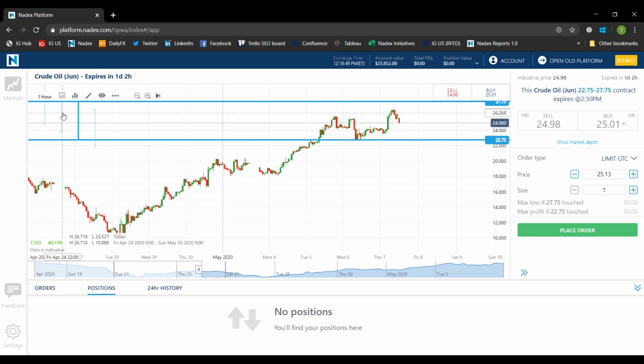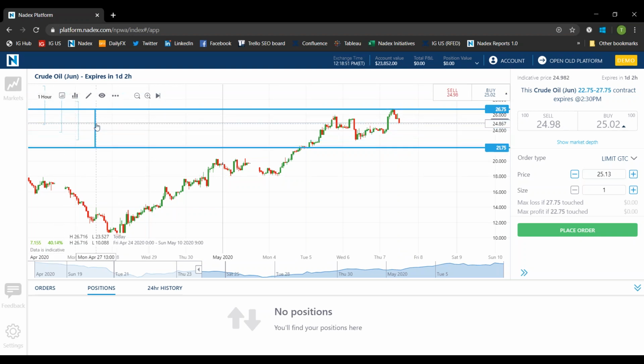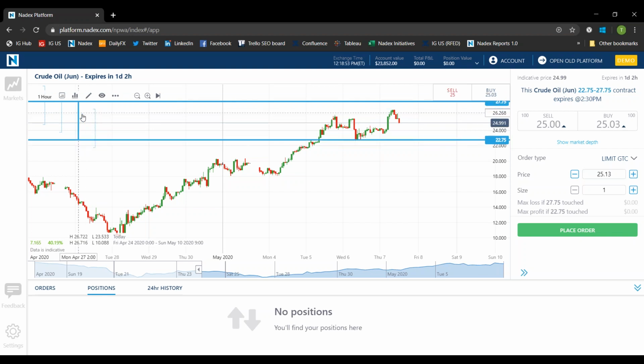Now, I can take a directional play with a knockout. It's got a ceiling and a floor, and I can either buy or sell a price level, and I've got distinct knockout levels based upon which direction oil goes. So in this particular example, I'm intentionally picking one where oil's in the middle of the range.